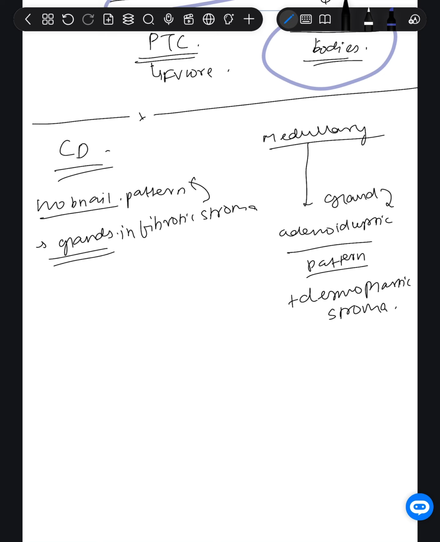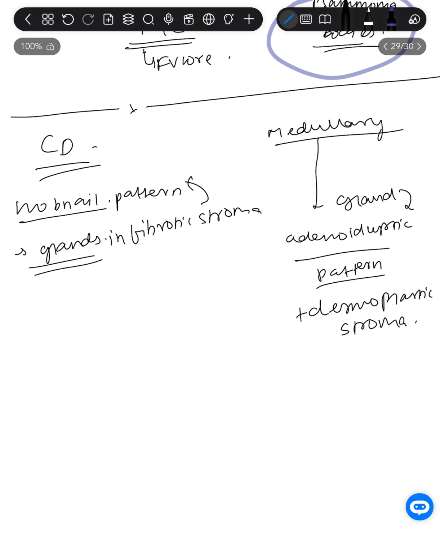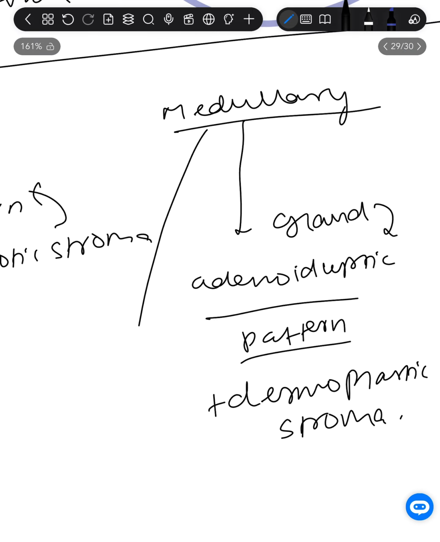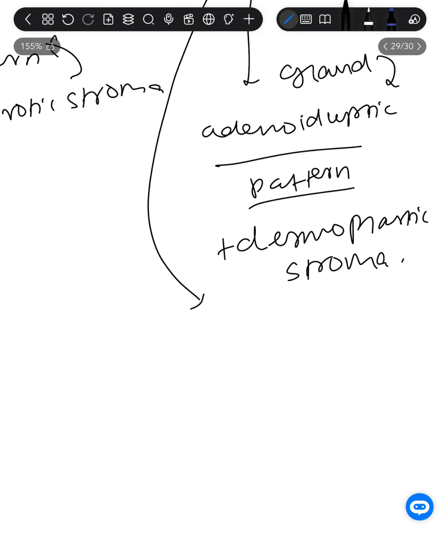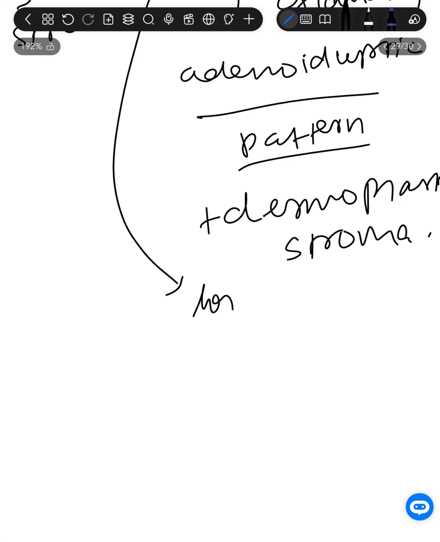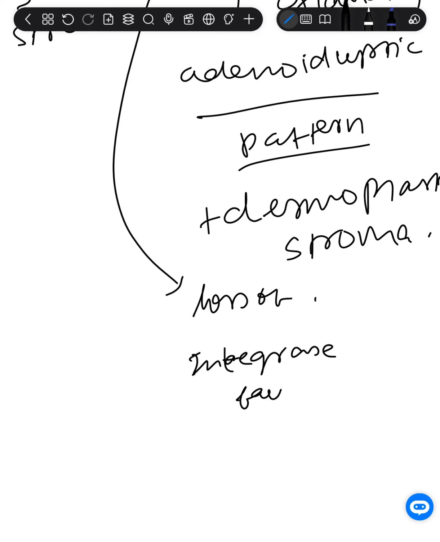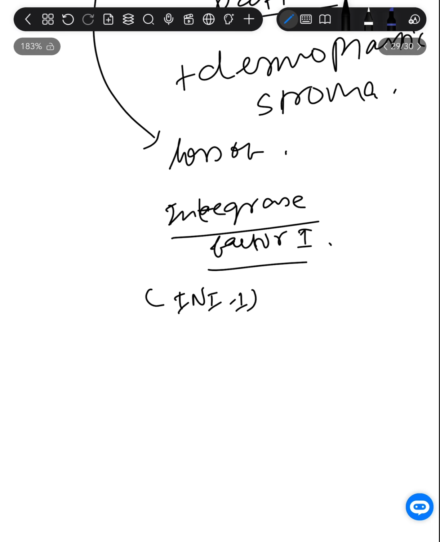Another thing you need to remember with medullary: I'm sorry, I forgot to tell you in the pathogenesis, we have loss of integrase factor 1. This is called INI1.